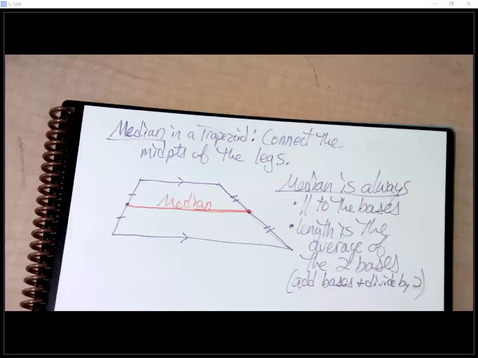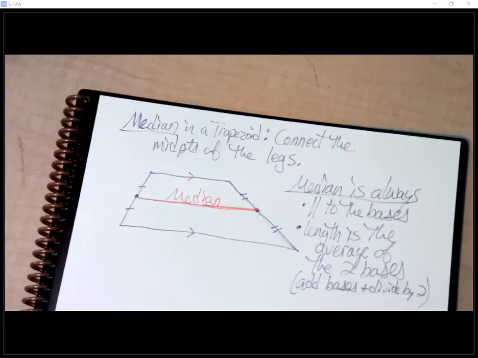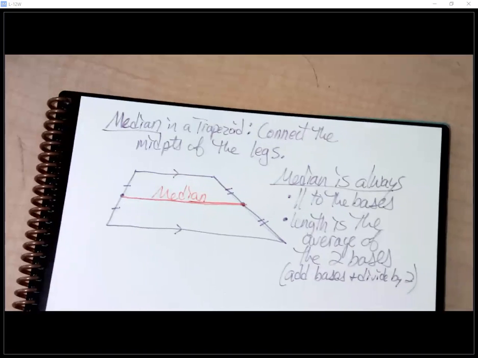Let's talk about fun facts that trapezoids have, if any. Would you think that trapezoids have perpendicular diagonals, let's say? No, they do not. Would they have diagonals that are equal to each other?